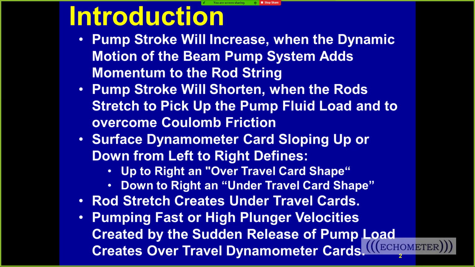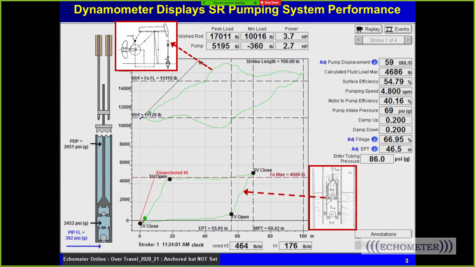We'll talk about that quite a bit during this presentation. We'll be looking at surface cards and pump cards and using those as examples of how the well's performing and how the downhole stroke changes with respect to the surface stroke.